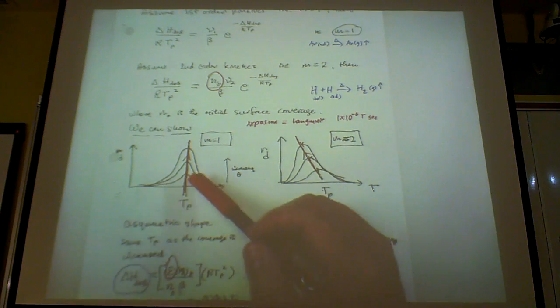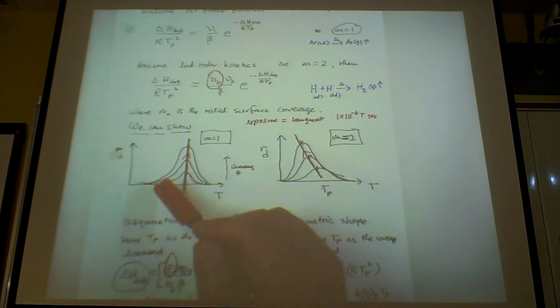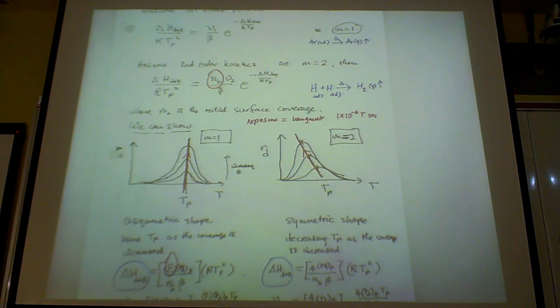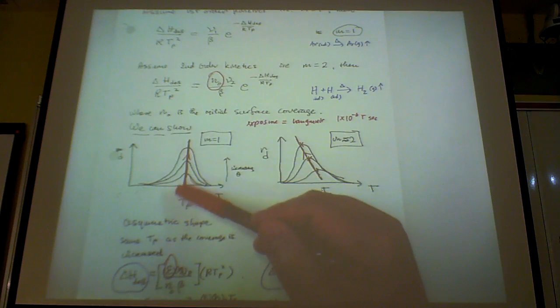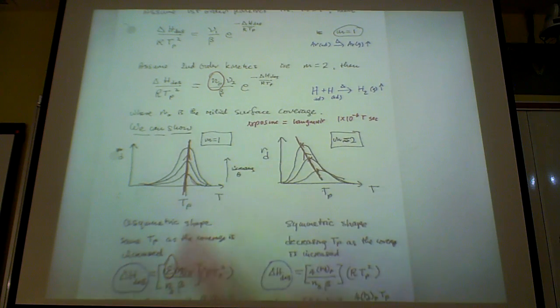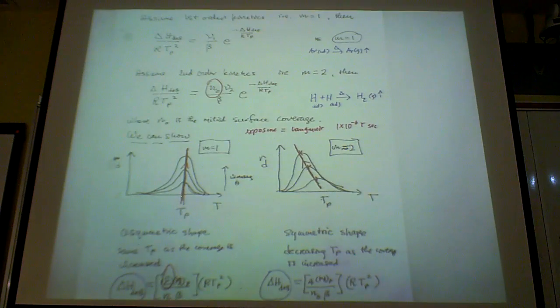If you do your experiment with different initial surface exposure and measure your rate of change, your desorption rate for that experiment, you can discover the order of the desorption quickly. If your peaks all occur at the same maximum temperature, you have a first order reaction, because according to this, it does not depend on the initial coverage.